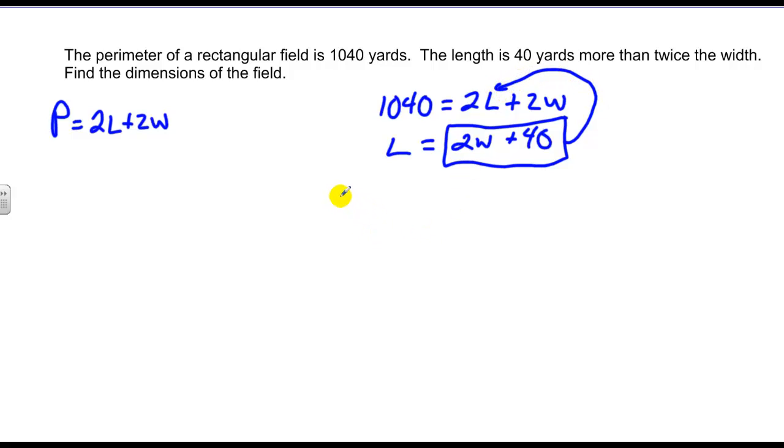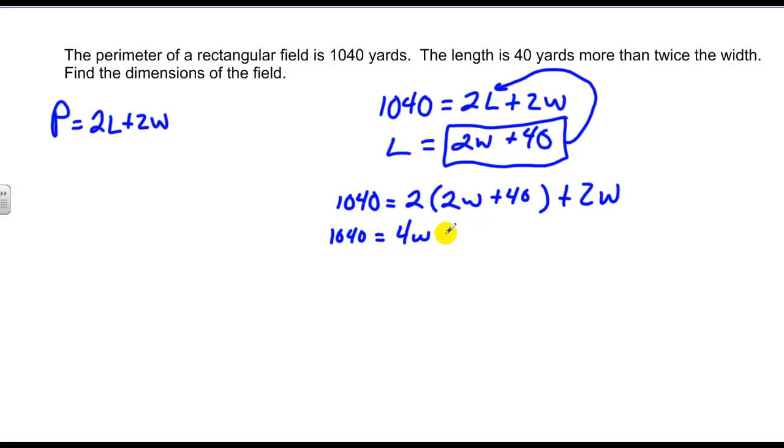So I have 1040 is equal to 2 times whatever the length is equal to, which is 2W plus 40, plus 2W. So 1040 is equal to 4W plus 80 plus 2W. 1040 equals 6W plus 80.